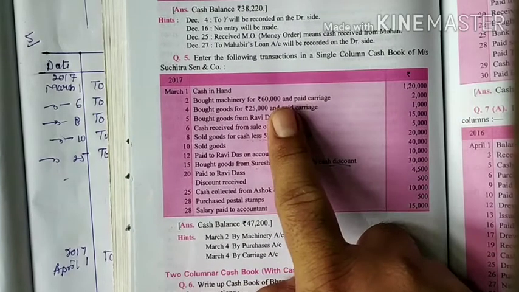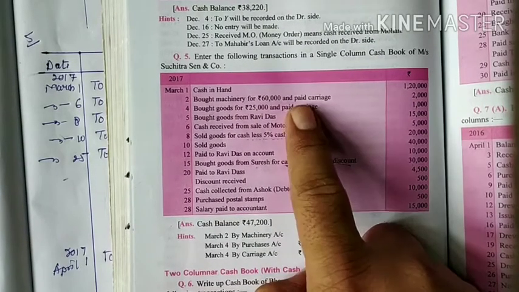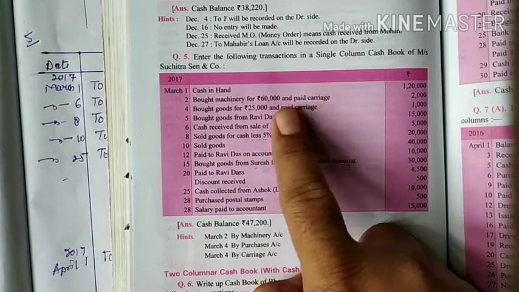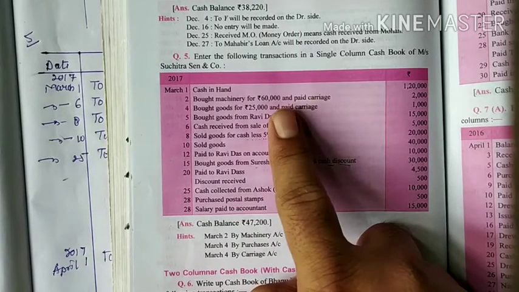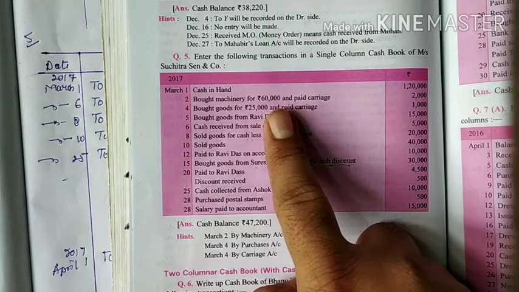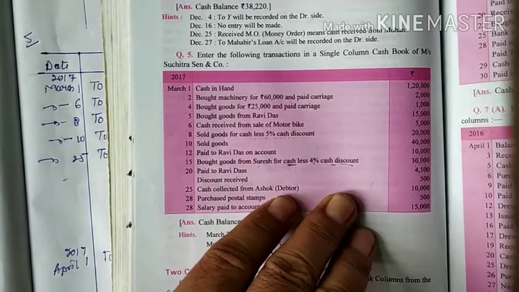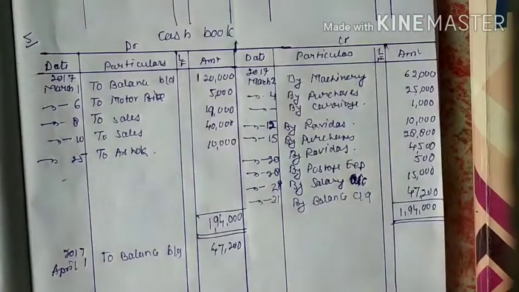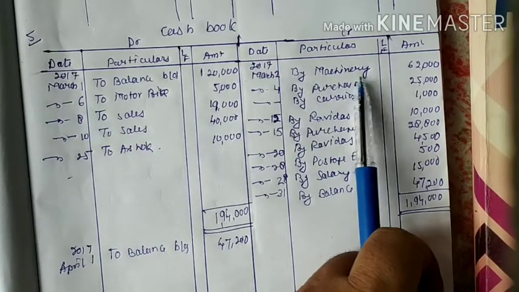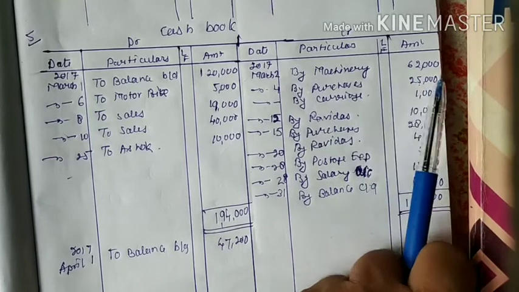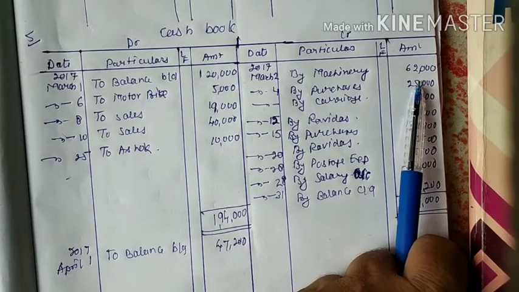So 60,000 for the machinery and 2,000 paid for its carriage will be added to the value of the machinery. So 62,000 has gone into machinery, and on March 2nd we can see here, by machinery 62,000 is shown.